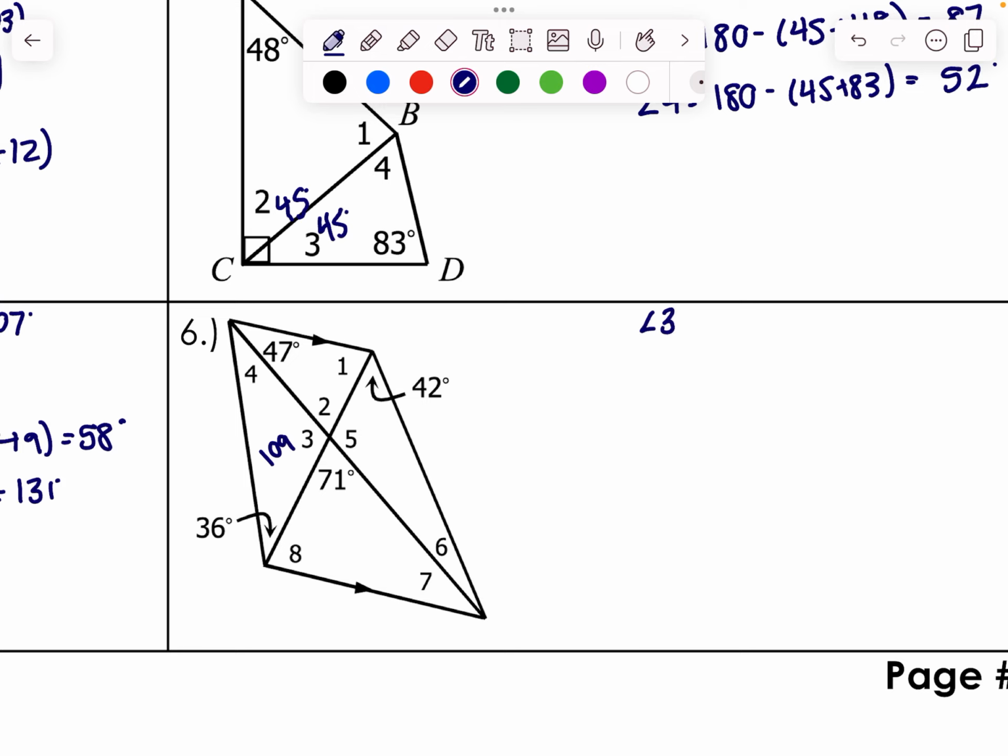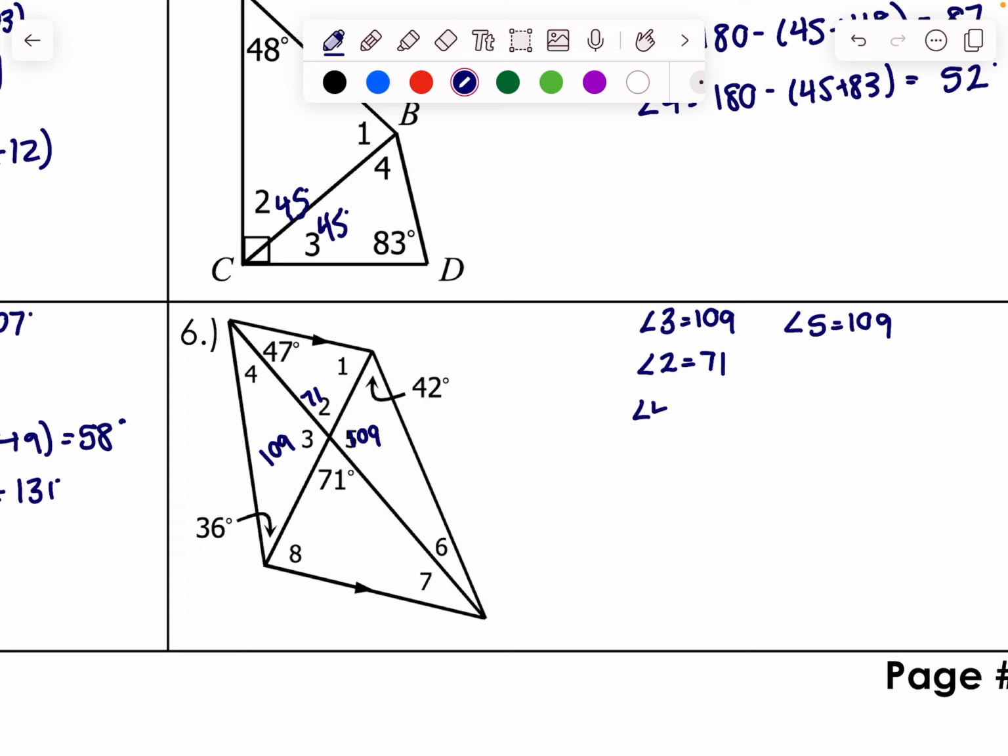So I know angle 3 is 109, which means angle 5 is 109, because those are vertical, and angle 2 is going to be 71, because those are also vertical. So 71, 109.